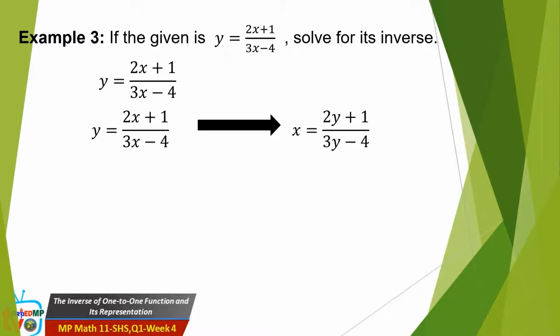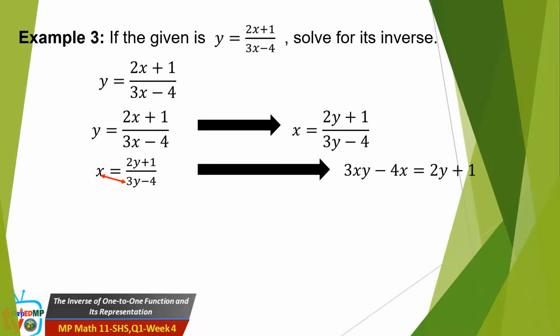And now, simplify x which is 2y plus 1 over 3y minus 4 by cross-multiplying x and 3y minus 4. And the product is 3xy minus 4x equal to 2y plus 1. And there, you have to group similar terms by transposing positive 2y at the left side.